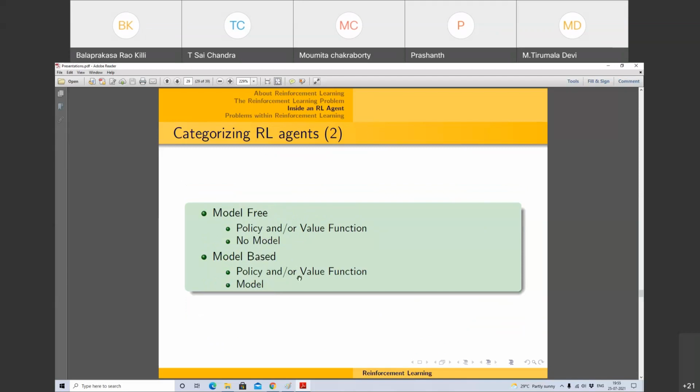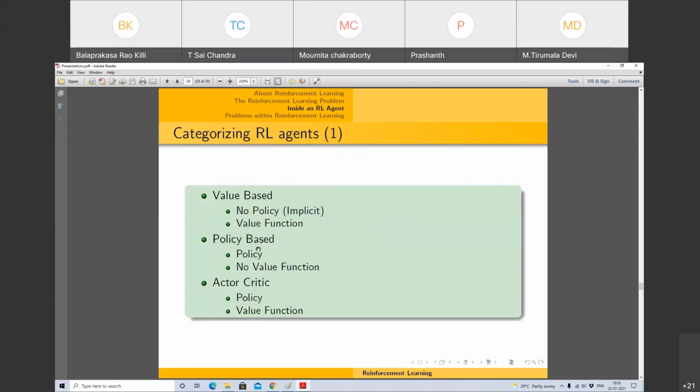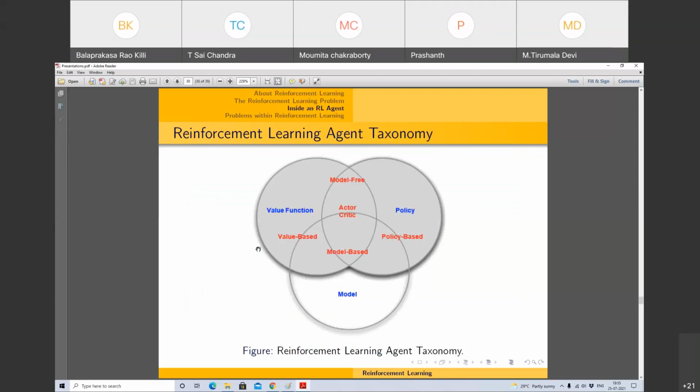What are these model-based and model-free RL agents? Now let me describe at this point. We have to give some idea of the model-free and model-based agent. So what is a model-free agent and what is a model-based agent? Together, this is the value-based, policy-based, model-based, model-free approach.